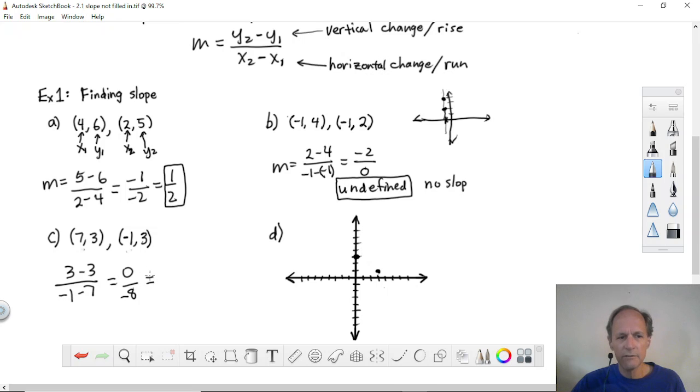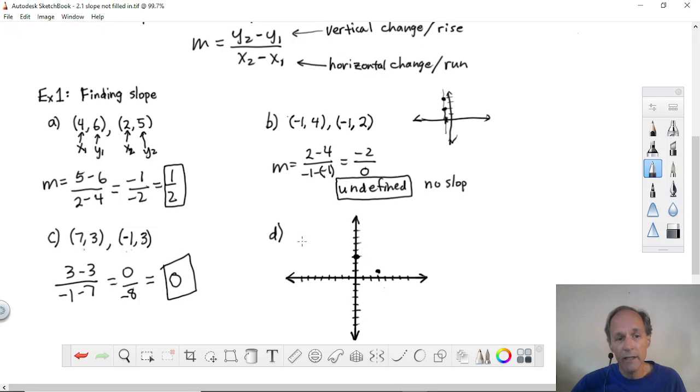That's a number. 0 divided by negative 8 is 0. Okay, so that's the slope of 0. And again, don't think there's anything wrong with that one. That's simply what it comes out to, is 0.